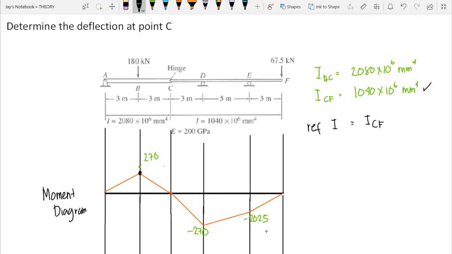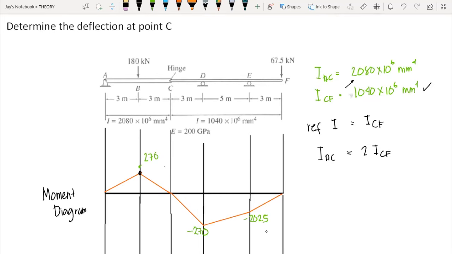Now, as you can see here, the relationship of the moment of inertia of CF and AC can be expressed as the moment of inertia of A to C is basically twice the moment of inertia of CF. Correct? Since if you multiply it by 2, you would get 2080.